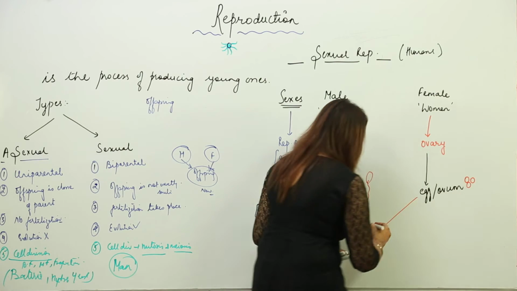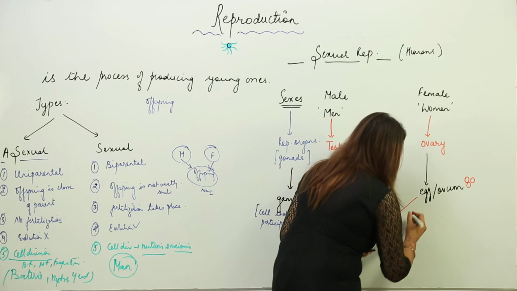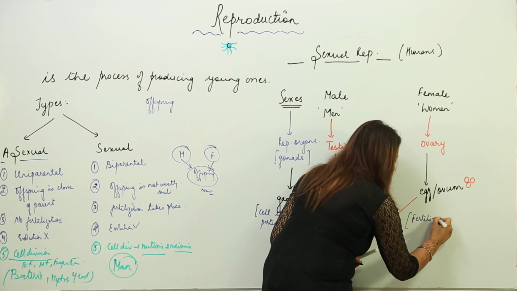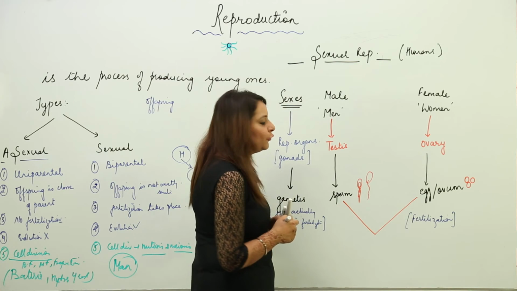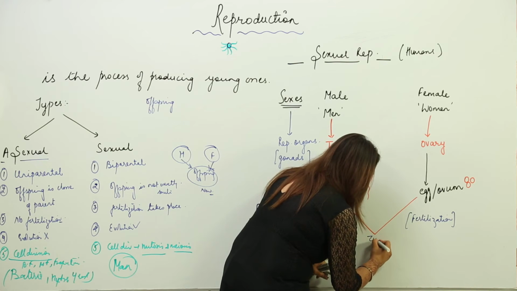When they fuse, that process is called fertilization. As a result of fertilization, we get the zygote.